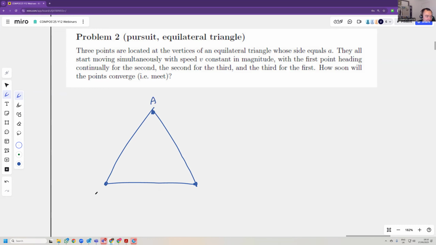Let's call them A, B, and C. A has a velocity vector which is always pointing towards B, and it's moving with a velocity V. B has a velocity vector too. So that's why it's called pursuit. A is pursuing B. B is pursuing C. And C has a velocity vector which is always pointing towards A.